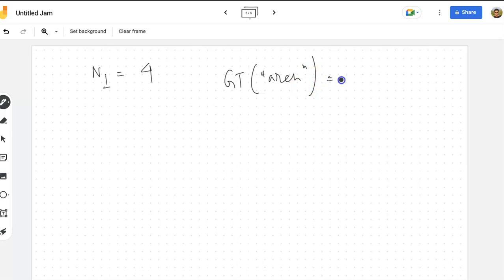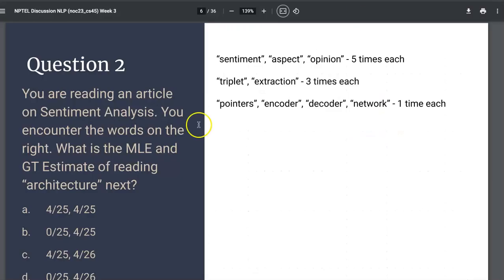What is the formula? N1 by N. Here N1 is 4, and N, as we have seen previously, is 29, the total number of words in your formula. So this is the answer. The first answer is 0 by 29 and the second answer is 4 by 29.